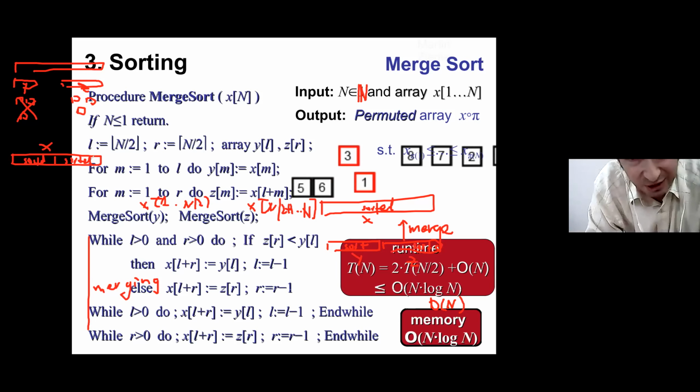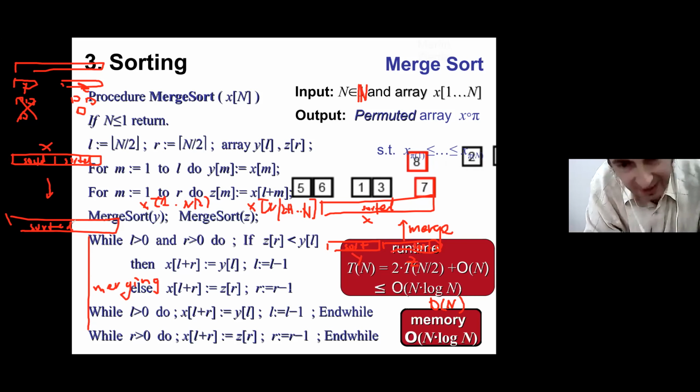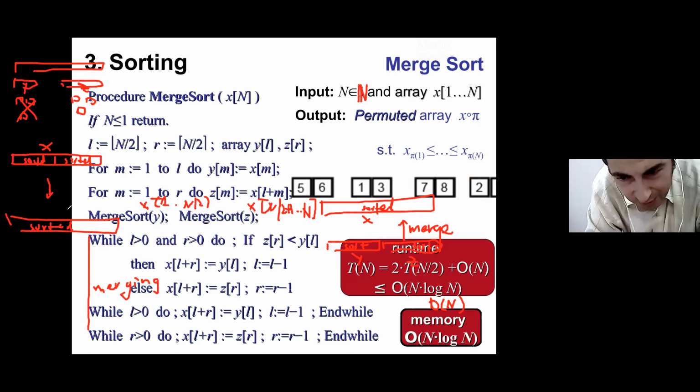But the problem is that you want to get it again to something which is completely sorted. Okay, and at that time, at least I do not know any way to efficiently perform this merging without creating an extra piece of memory. Okay, this is the problem.